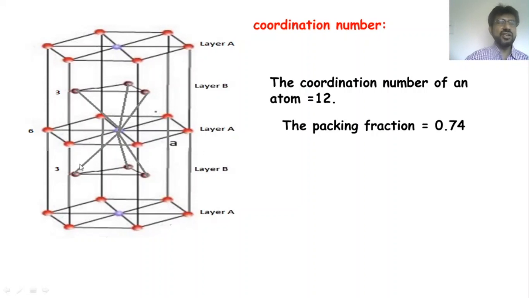These are the 3, these are the 3, 6, and these are the 6. So the coordination number of the HCP type of structure is 12. In case of the HCP type of structure, the density of the atoms is very large, and so its packing fraction is 0.74.